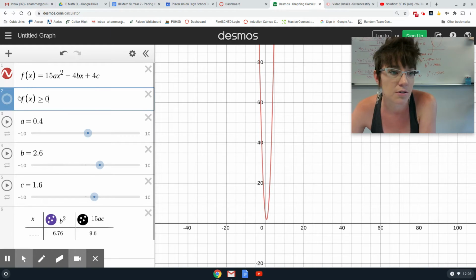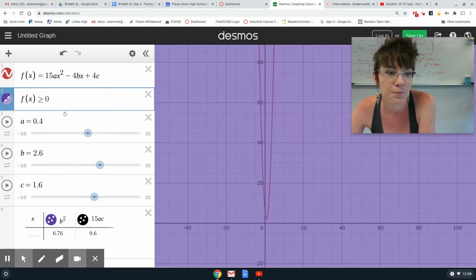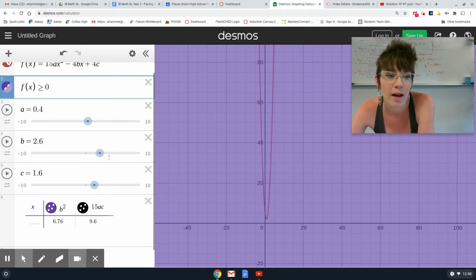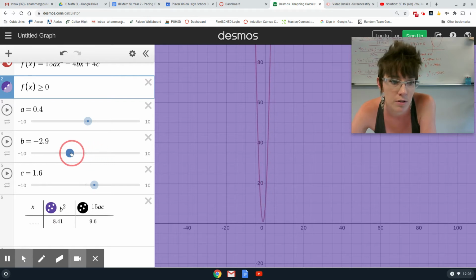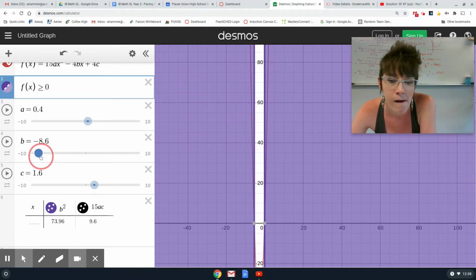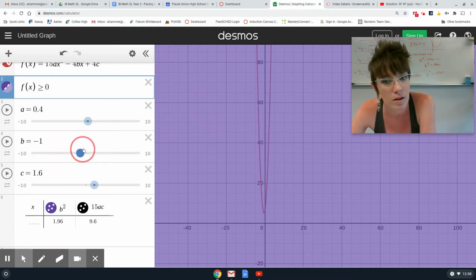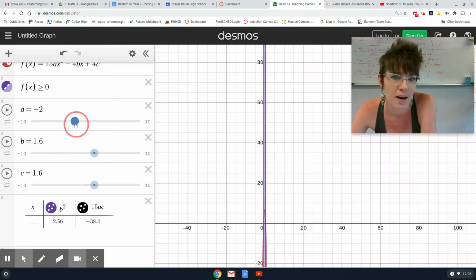So that's when I introduced this step right here and graphed that. And now I went back to the sliders to play around and figure out what's going on. I started sliding b around again. So far, so good. Huh. And then I started parting the C in the middle. I was like, what is going on? It's purple everywhere.